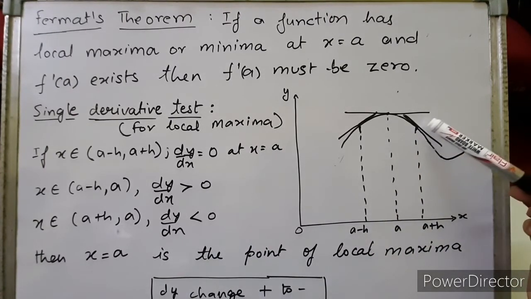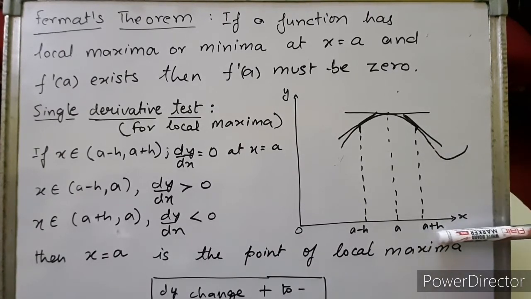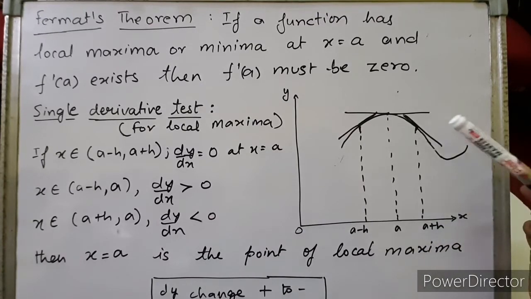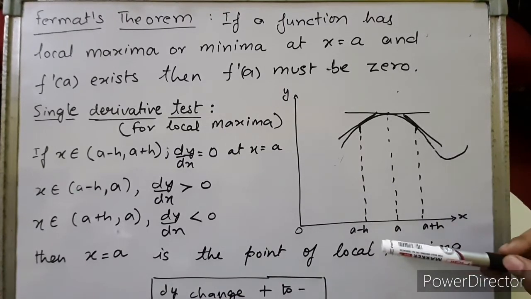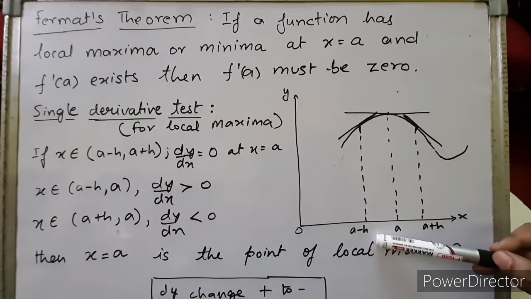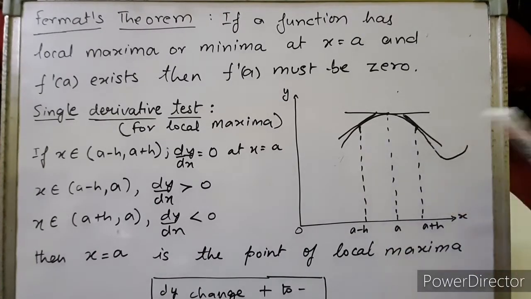Now if you draw a tangent at the point a plus h, you can see the inclination forms an obtuse angle with the x-axis. So the slope of this tangent will be negative. That means the derivative of the curve at x equals a plus h is negative, and the derivative of the curve at x equals a minus h is positive.